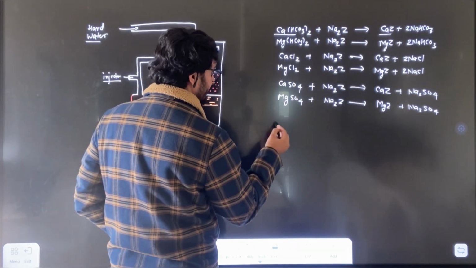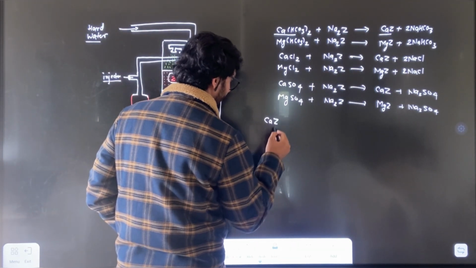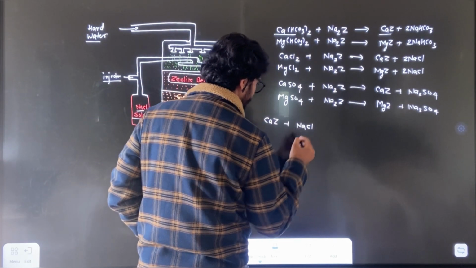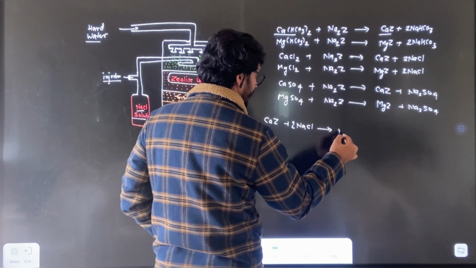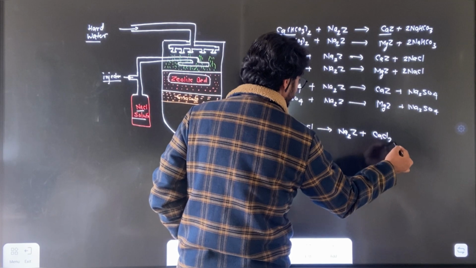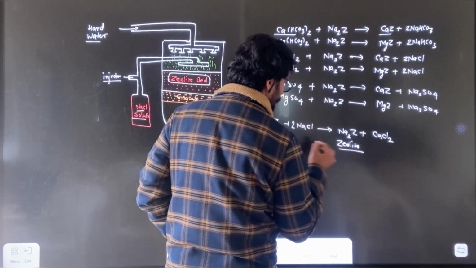So when a zeolite like calcium zeolite reacts with the NaCl, then they form Na2Z and CaCl2. This is basically the zeolite salt, right?